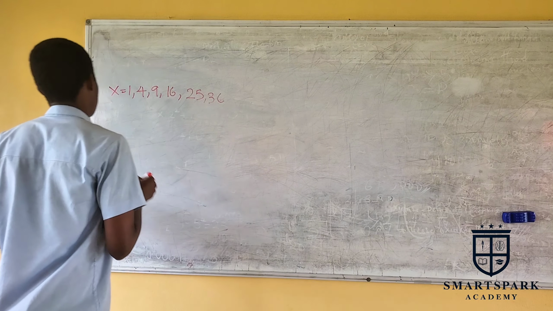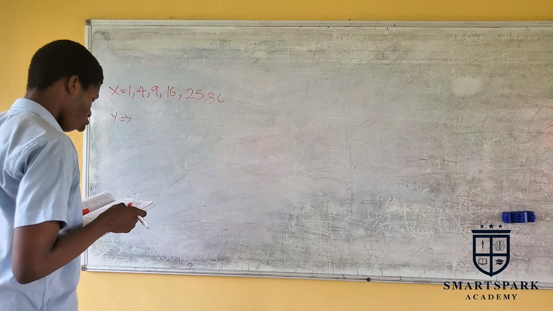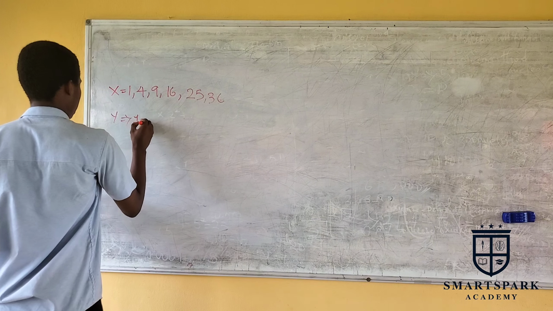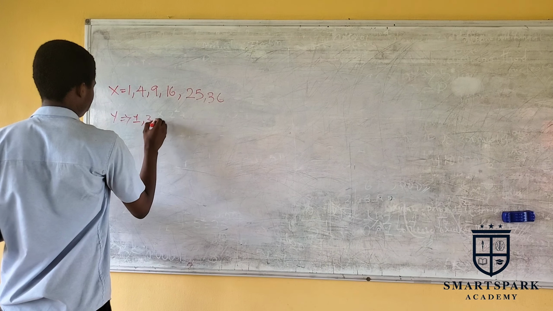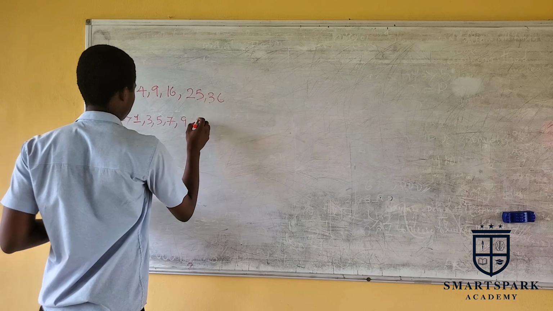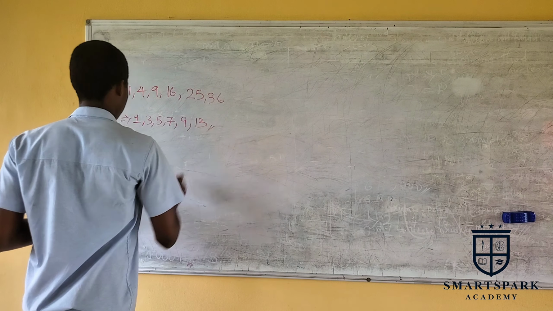So now we are looking at the y values: all odd numbers from 1 to 15. Let's write out all the odd numbers, which are 1, 3, 5, 7, 9, 11, 13, 15.